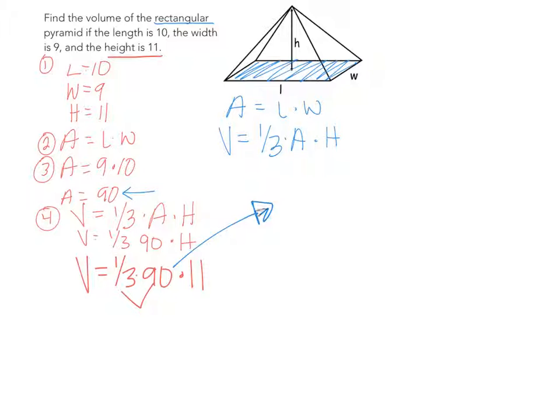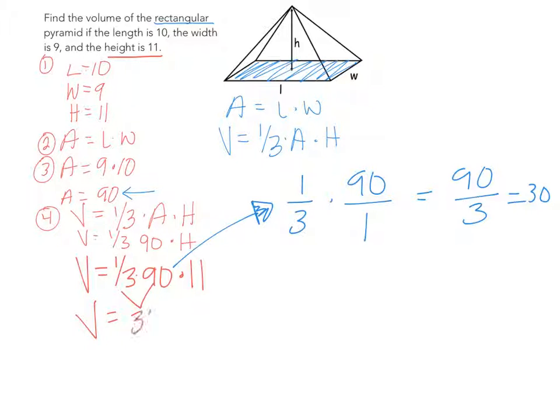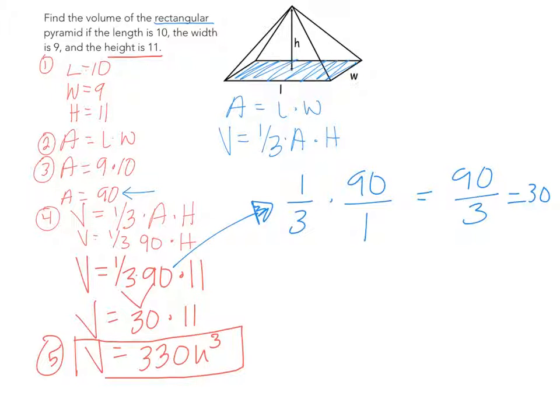I'm going to do a little extension over here. 1/3 of 90 is basically saying 90 divided by 3, which is 30. So volume equals 30 times 11, which means the volume equals 330 units cubed. So my last step is to box my completed answer.